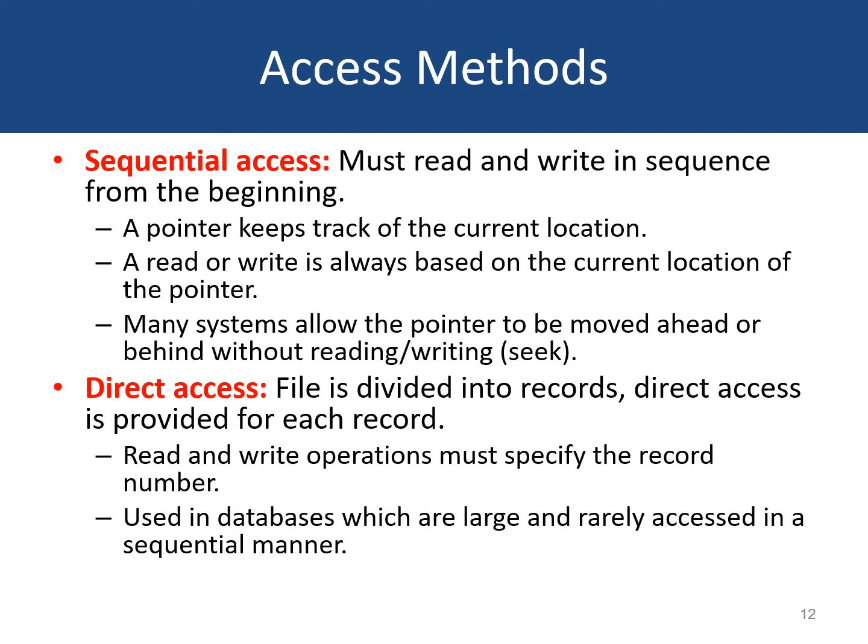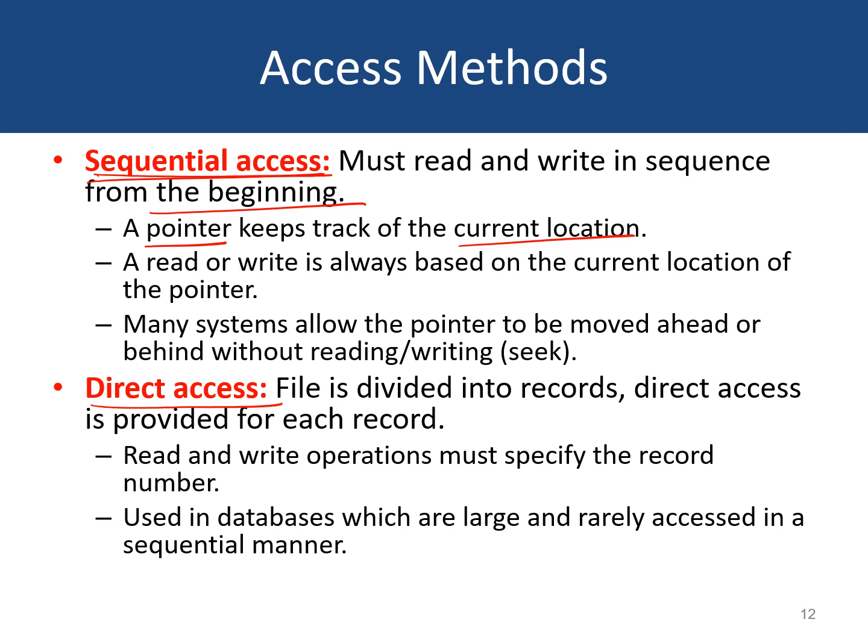For reading or writing the file, there are two different access methods. We can either do sequential access or direct access. Sequential access reads or writes the file in sequence from the beginning. So for sequential access, we'll have a pointer which keeps track of the current location where we are reading or writing into the file.